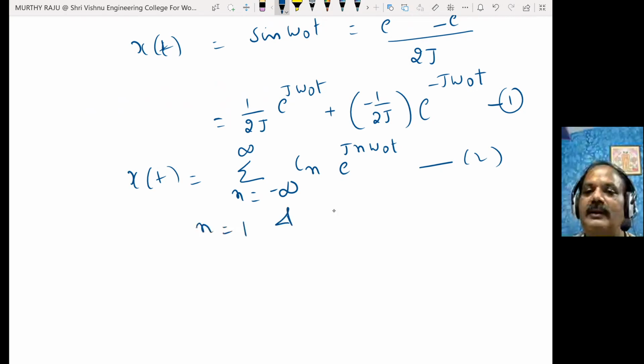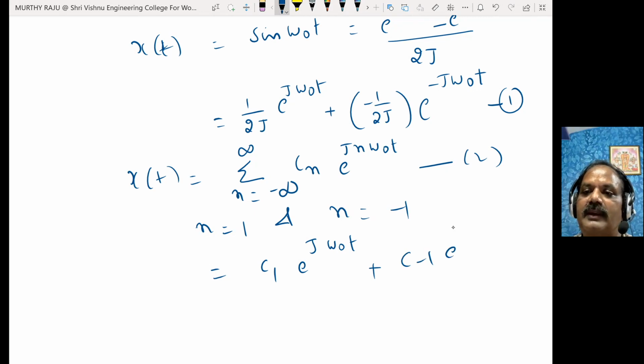In the range minus infinity to plus infinity, we have to consider n is equal to 1 and n is equal to minus 1, because the first expression involves e power j omega naught t and e power minus j omega naught t. Put n is equal to 1 here: c1 e power j omega naught t plus c minus 1 e power minus j omega naught t.